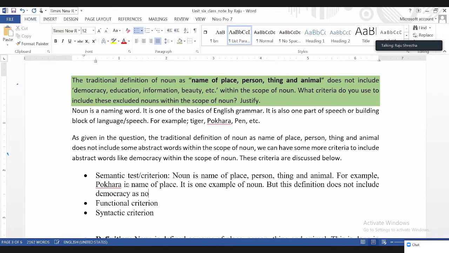Democracy is a noun, I know. Now go to the functional criterion.